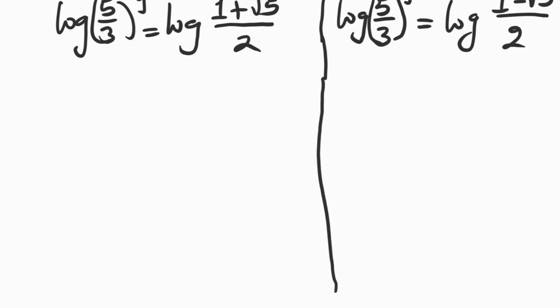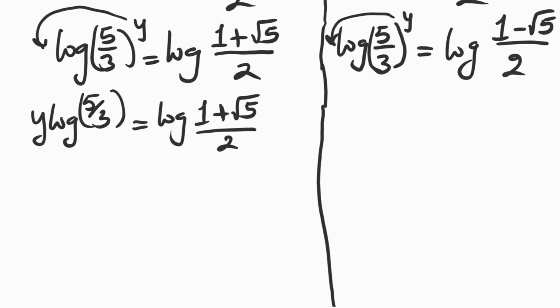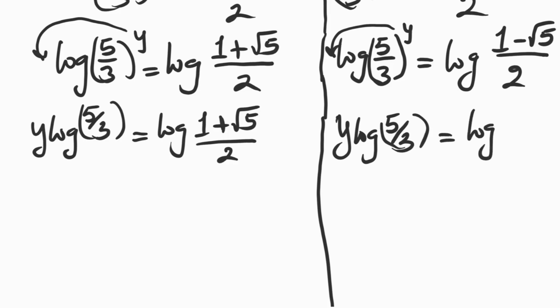Right, so this y moves over to this side and becomes y log of 5 over 3 equals log of 1 plus root 5 divided by 2. Same thing happens on this side as well. We have y log of 5 over 3 equals log of 1 minus root 5 divided by 2.